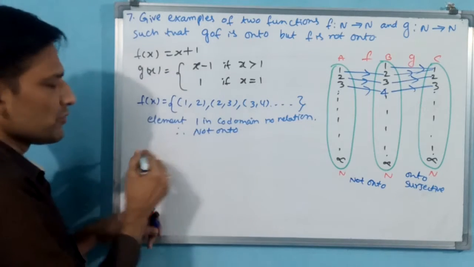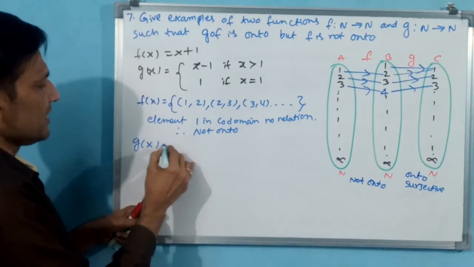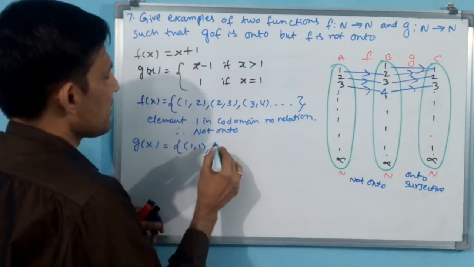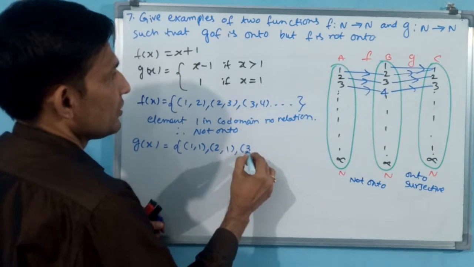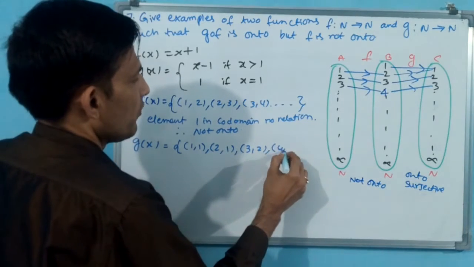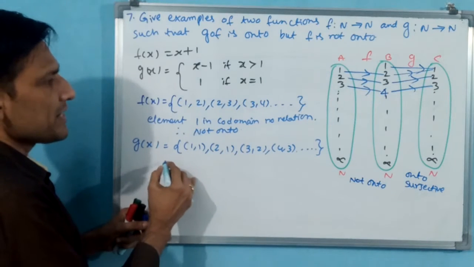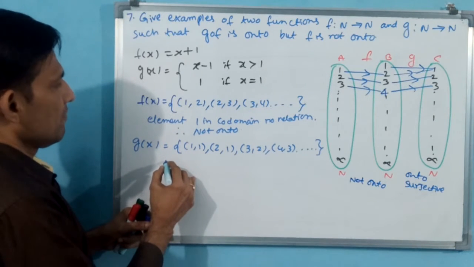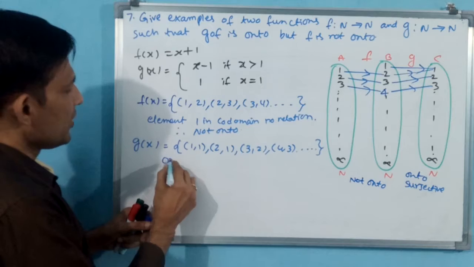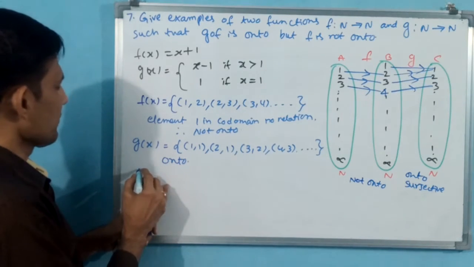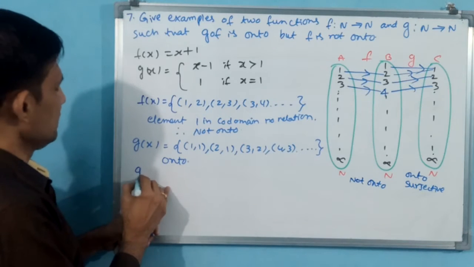Okay, first you write this one. Then you write g of x: g of x is equal to 1 to 1, 2 to 1, 3 to 2, 4 to 3, and so on. And you write onto. Then you write GOF.